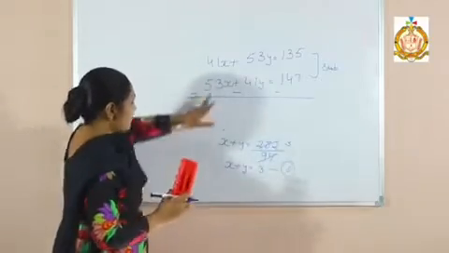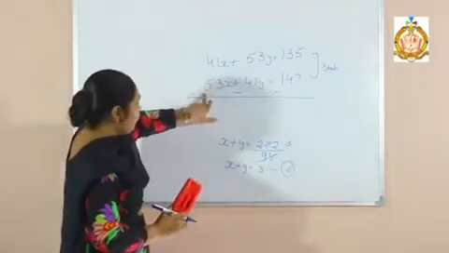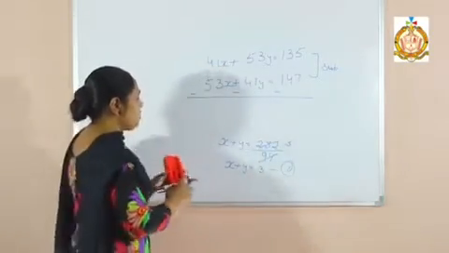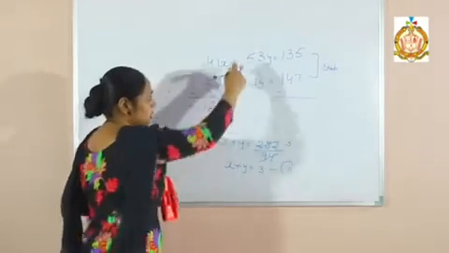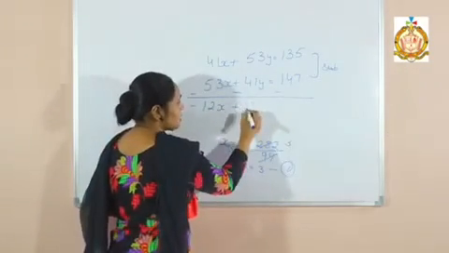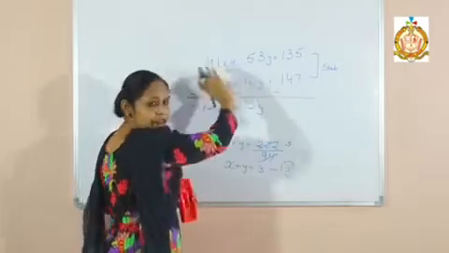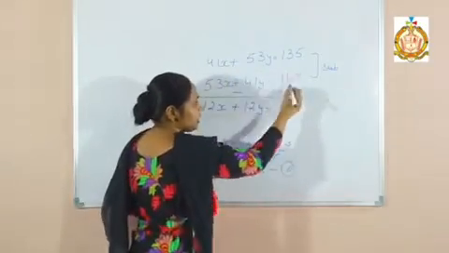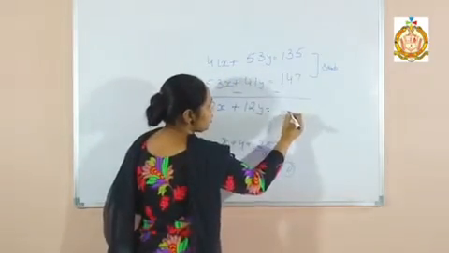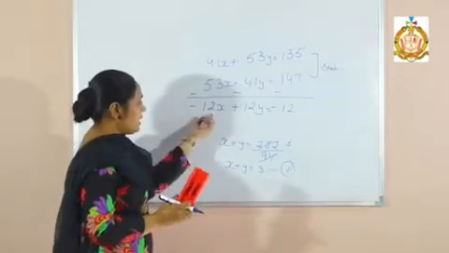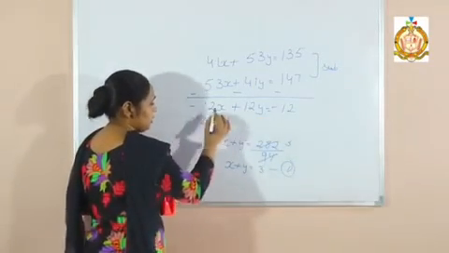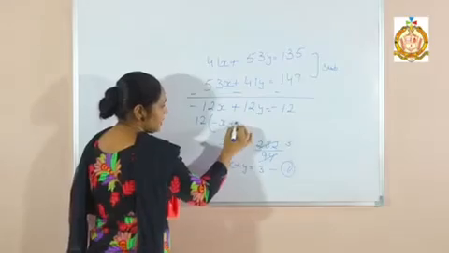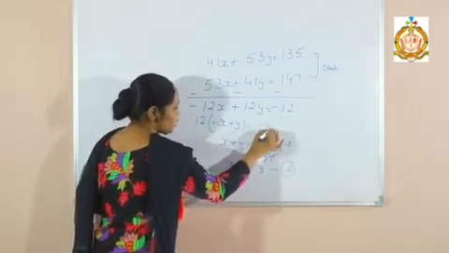If I subtract, this is plus, this is minus. 53 minus 41, there will be 12x with the sign of minus. Then there is again plus 12y because the positive number is greater. Then on the right side subtracting, there is again 12 with minus. Now again something is common, that is 12. I take the 12 common here. There is minus x plus y equals minus 12.